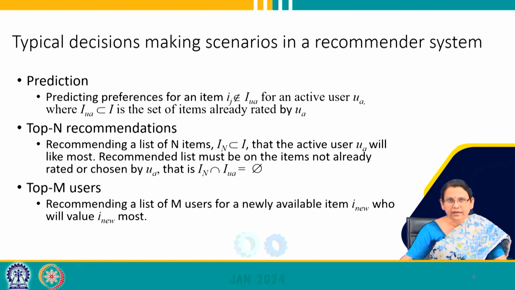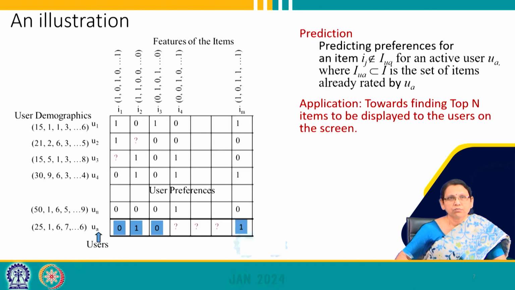The area where we have these question marks. Then we have top n recommendations. What is this top n recommendations? Whatever values we have predicted, we now have to sort those values and show them to the user. Then we have top m user recommendation as well. As we move ahead, we will look at it in a little bit more detail.